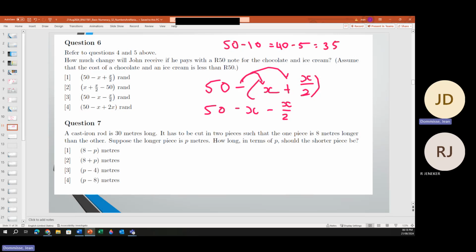Okay, so we can see it again if we replace the x's with the 10 rand. So let's look at which one. 50 minus x, but that must be minus. It's not that one. Here it's going to be negative, so it's not that one. The 50 minus minus, so that is option 3 that we pick.